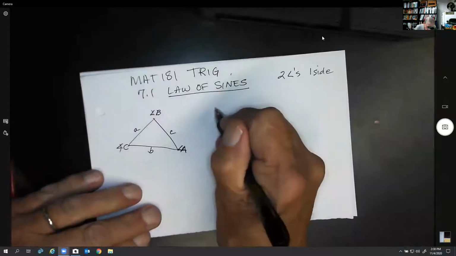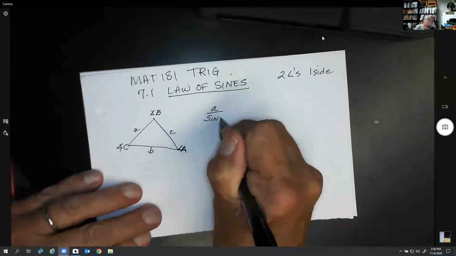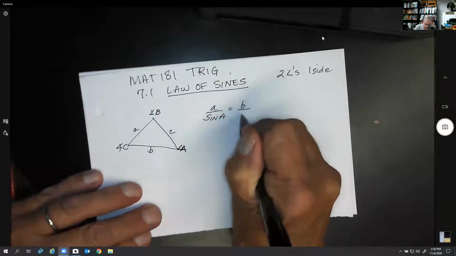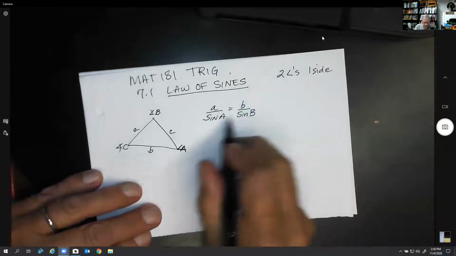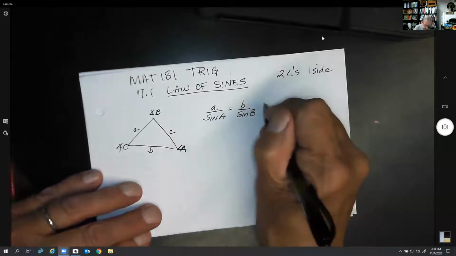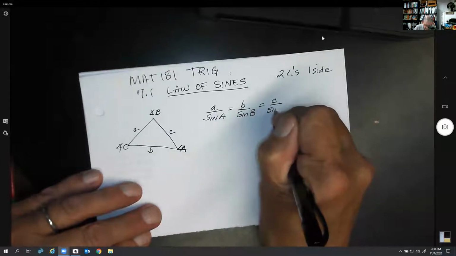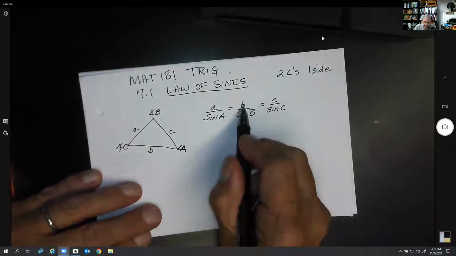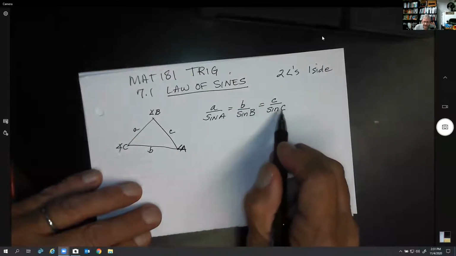Little a is to the sine of angle A as little b is to the sine of angle B. We could set it up that way, or we could say a is to sine A as little side c is to the sine of angle C.